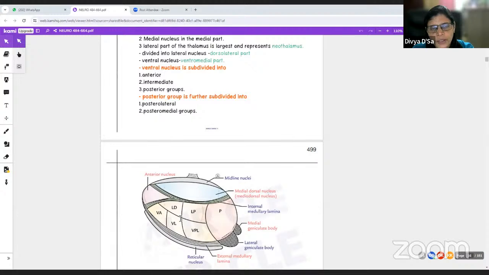The ventral nucleus is further subdivided into ventral anterior, ventral lateral, and ventral posterolateral. So these are the three parts. The posterior group is divided into posterolateral or dorsal, and posteromedial groups.